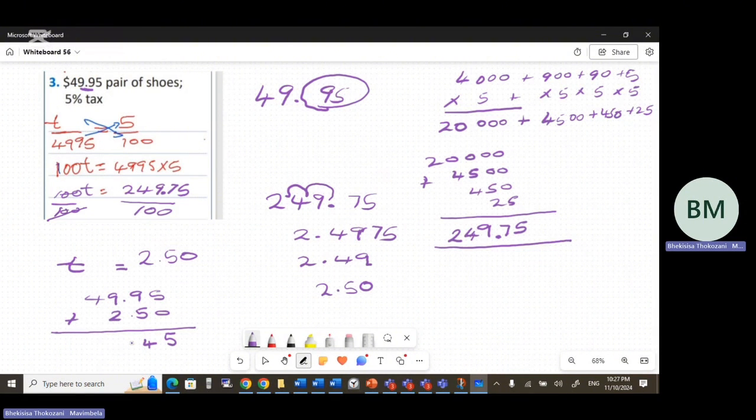Carry 1, 11. Put my point there. 11 plus 1 is 2. And my final answer is 42. Sorry, not 42. Remember, it was 11 there. So my final answer would be $52.45. So this will be the total cost of this pair of shoes.